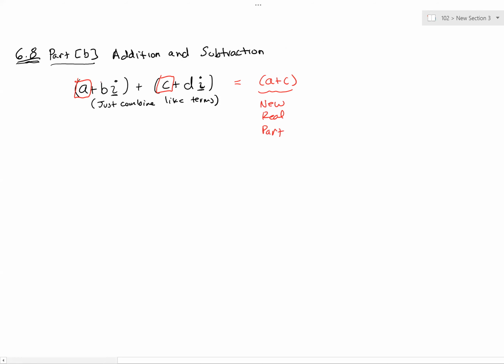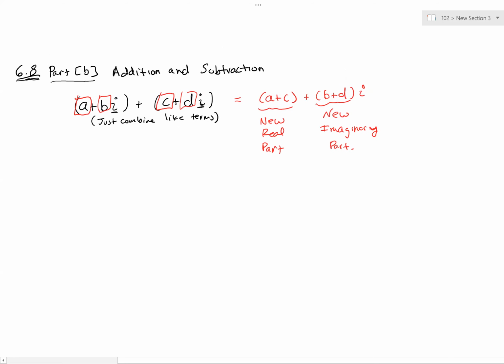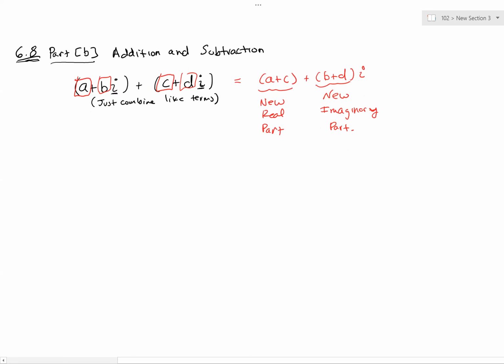And then I'm going to add the two imaginary parts, the b and the d together. That becomes b plus d times i. This is the new imaginary part. Again, this is just a fancy way of saying combine like terms, like you normally would.